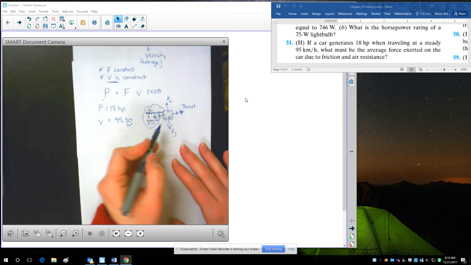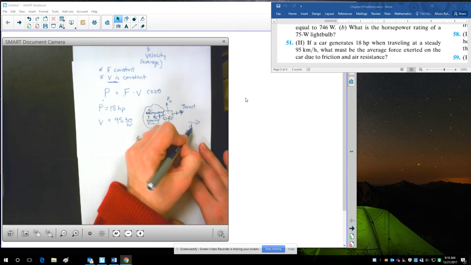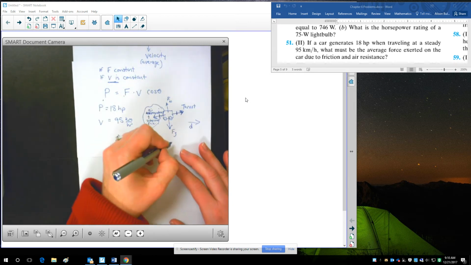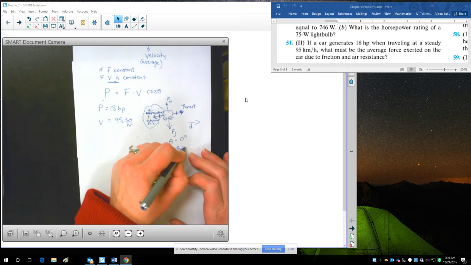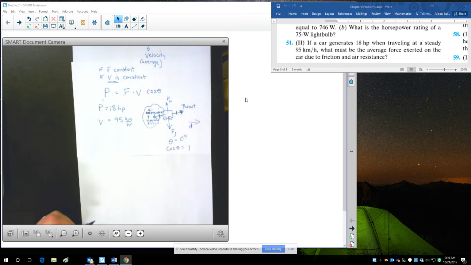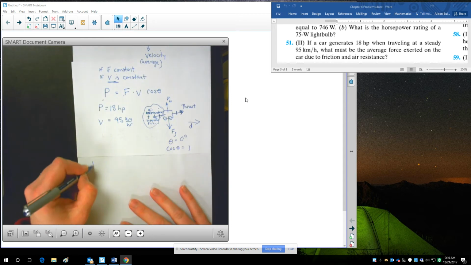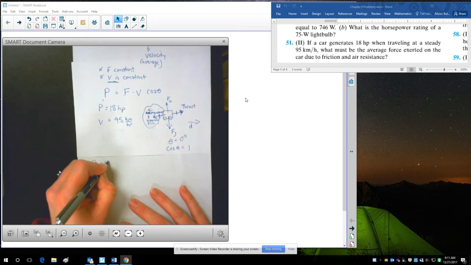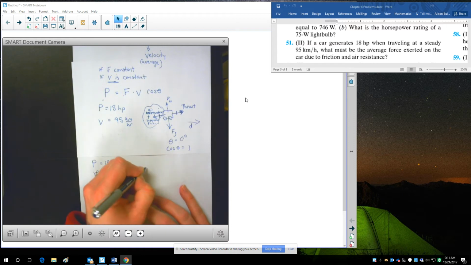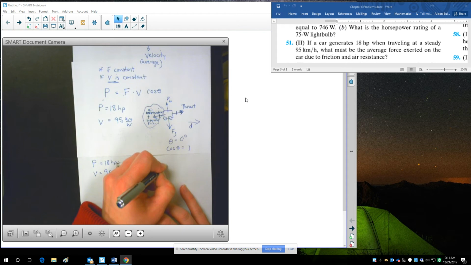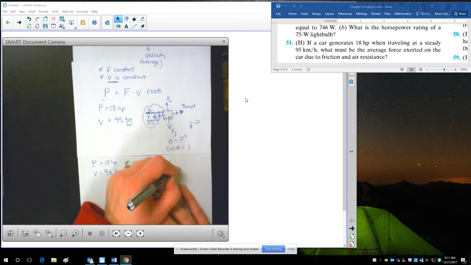So the car is moving to the right, and the displacement is to the right, so theta is 0 and cosine of theta is 1. And so we drop that term. So I've got a power of 18 horsepower, a velocity of 95 kilometers per hour, and I want the force, the engine push.